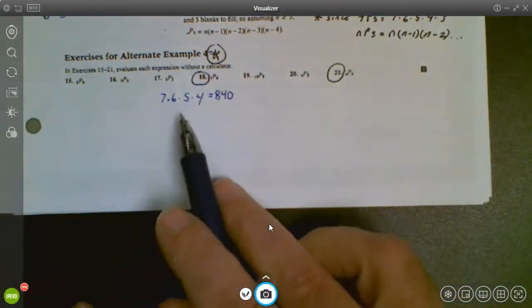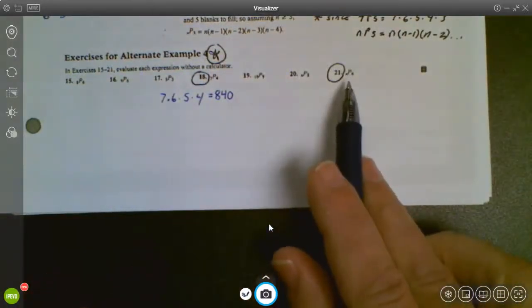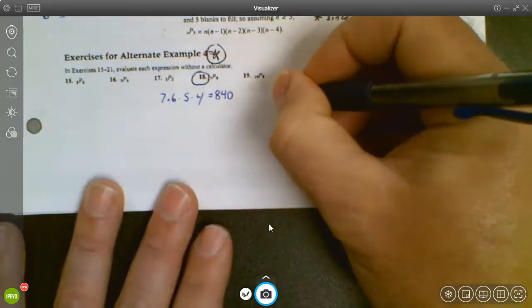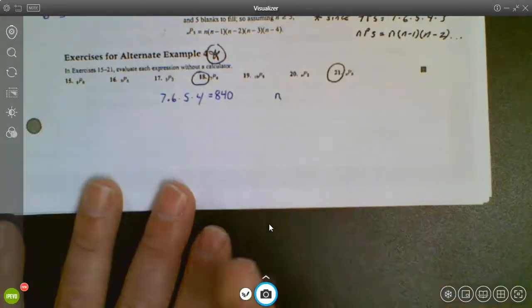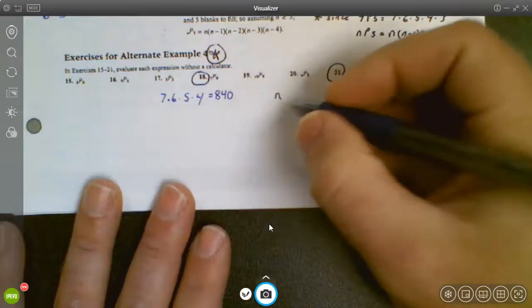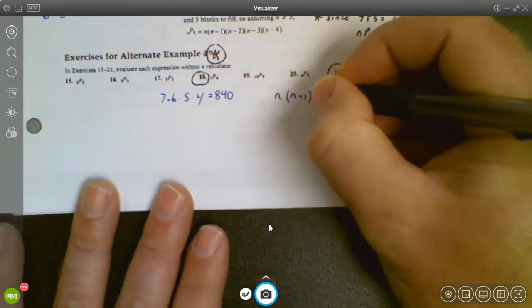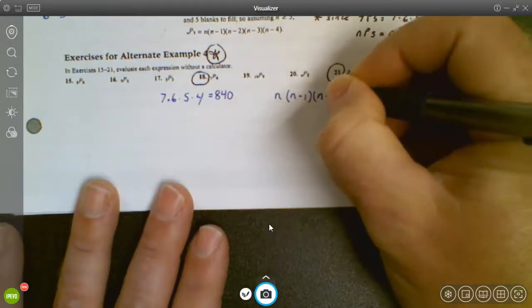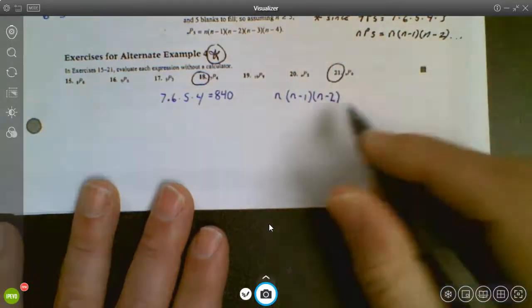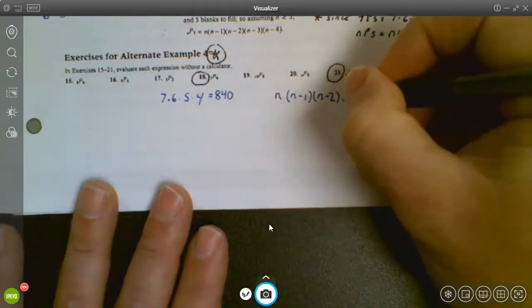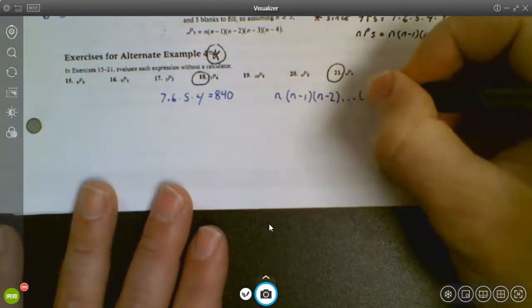So let's take that same layout and use it for nP6. Again, I would start with n. I'm going to count down until I have a total of 6 elements. So that's my first element. And then, of course, n minus 1, n minus 2, on and on and on. I'm going to shortcut it until I get to n minus 5.